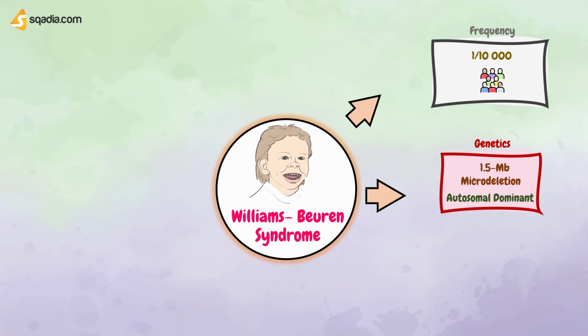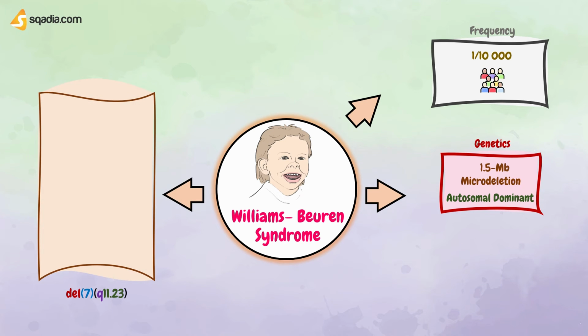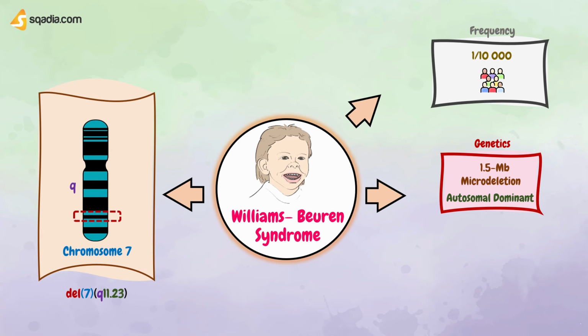One copy of a mutated gene from one parent can cause the genetic condition. A child who has a parent with the mutated gene has a 50% chance of inheriting that mutated gene. It is deletion 7q11.23, which means there is deletion on chromosome 7 at arm Q of band 11.23.